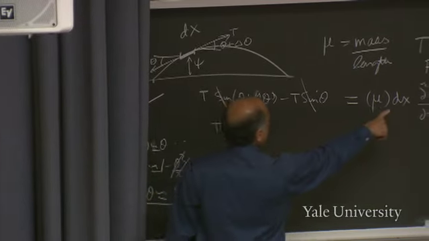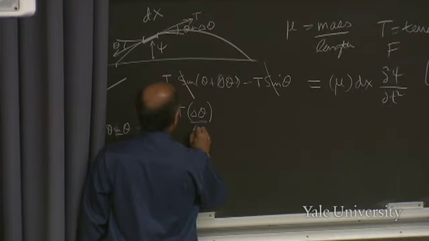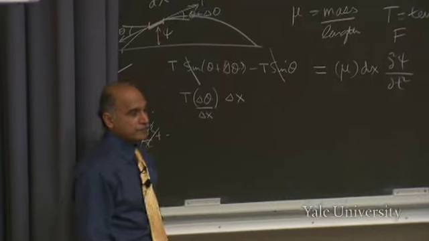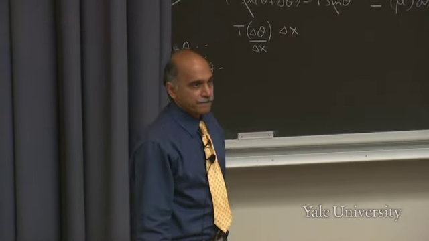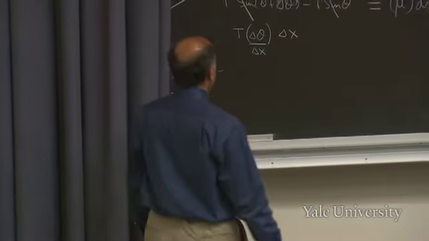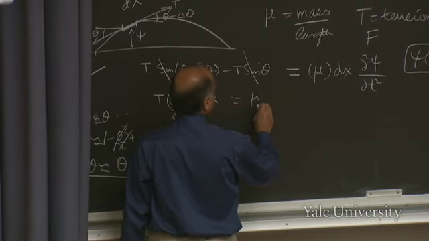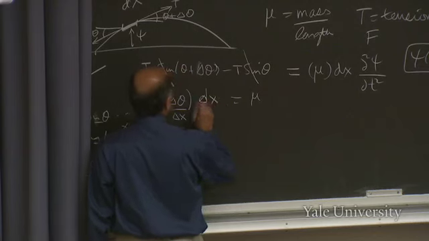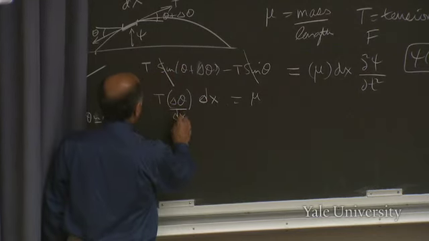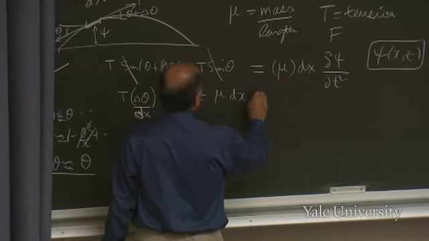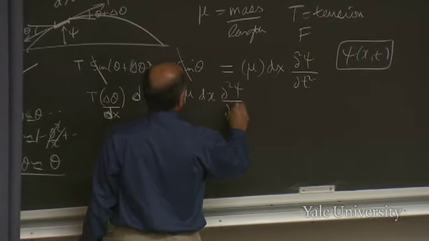Now, I've got a dx here, so what I'm going to do is divide by a dx and multiply by a dx. We are almost there in deriving the equation. I've been calling it dx and delta x, so pardon that. Just call it dx. Mu dx d2 psi over dt squared.